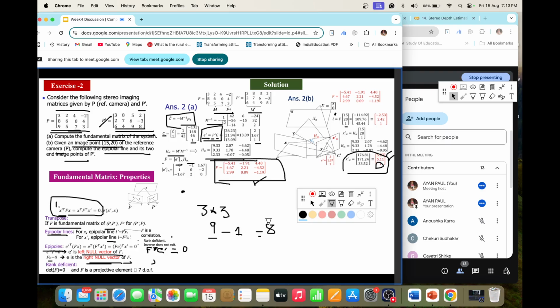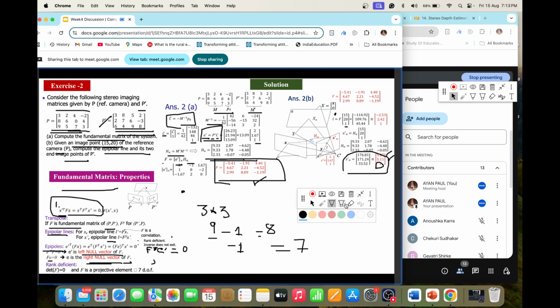But one important property of the fundamental matrix is that the determinant of F always equals 0. So we again subtract 1, and our DOF will be 7. Ultimately you have to remember that the fundamental matrix has 7 degrees of freedom. So these are some properties regarding the fundamental matrix.